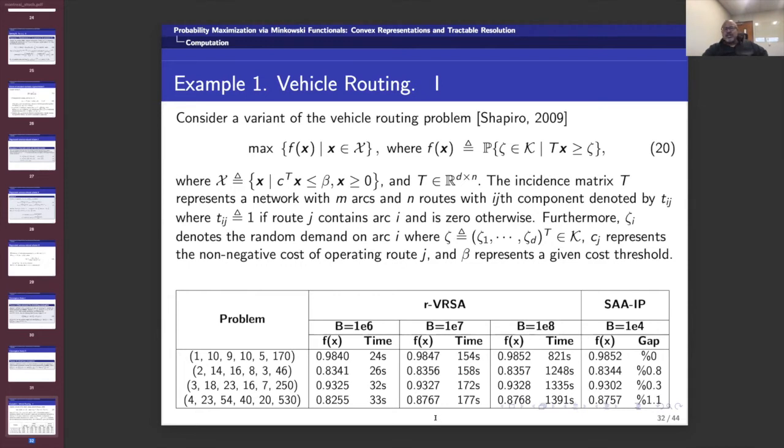We ran 20 replications, and when you compare this to the integer programming framework, which is guaranteed to get you the global minimizer in the limit, you can see that you get very close to these solutions.